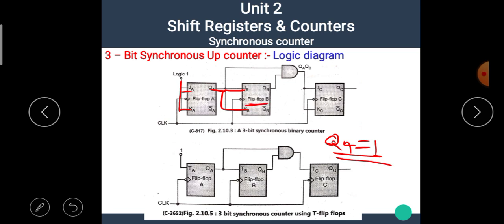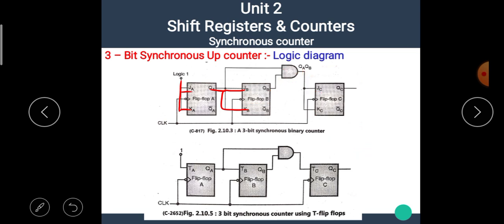Then QA and QB are ANDed together and the output is connected to JC and KC. That means when QA has the value 1 and QB has the value 1, then and only then flip-flop C will toggle. I hope you all understand the connections.